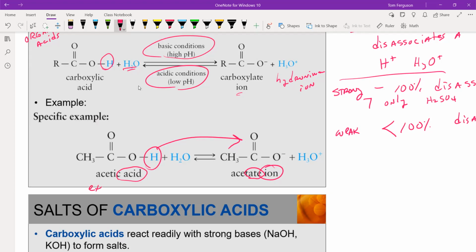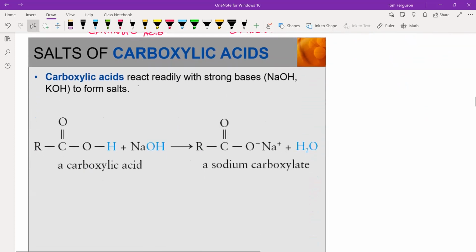The other one is, so this would be OH. So a strong base drives out that hydrogen there, leaves you with the salt of the base and water.